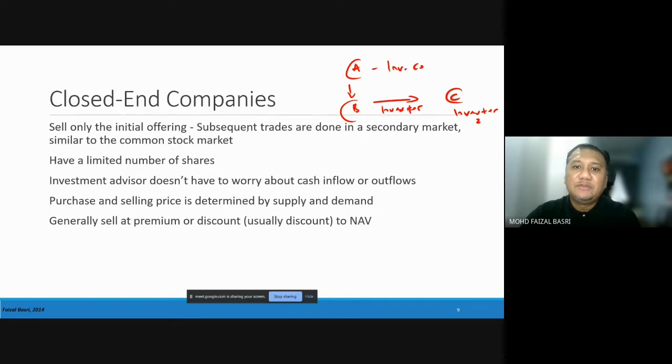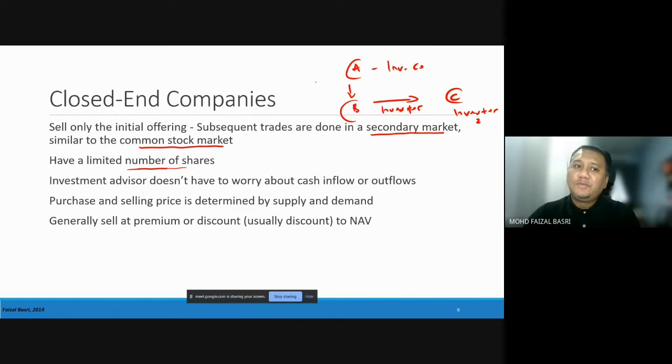Investor 2, ni investor 1, this is investor 2. Okay, so the subsequent trades are done in the secondary market, just like what we have in the common stocks. So ada orang lain yang akan beli. Okay, investor yang lain. So yang ni dia akan trade dalam dia punya bursa dia sendirilah. Okay, so untuk ni dia limited numbers lah. Dia tak akan ada penambahan kecuali investment company yang release more units in the market.